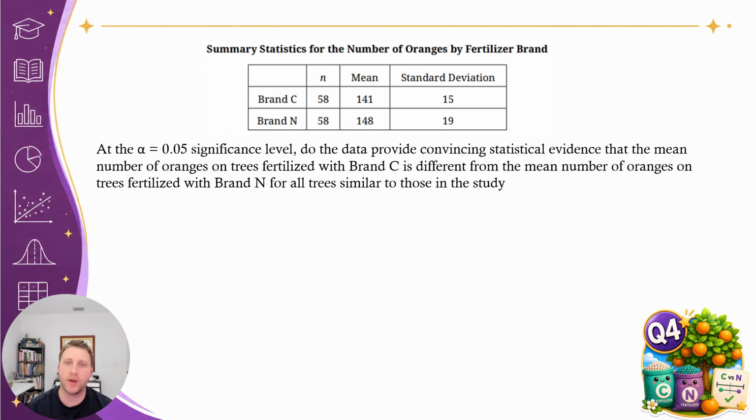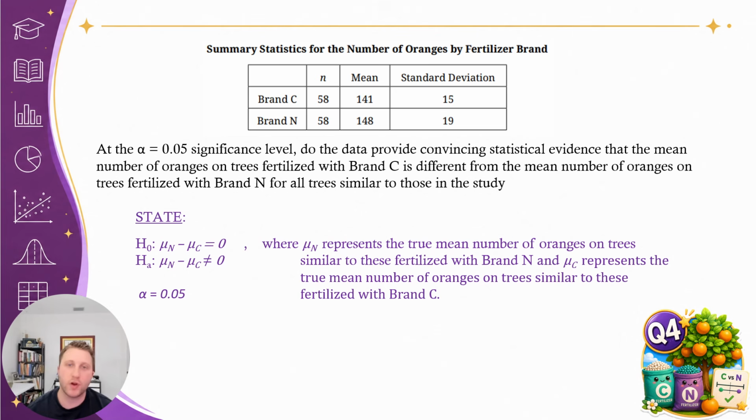College Board is not grading you based on what information you put in each of these sections, but instead having all of the required information that they look for in an inference procedure. So in our state step, we were taught to label both our null and our alternative hypothesis, in which case I am defining any parameters that I use.